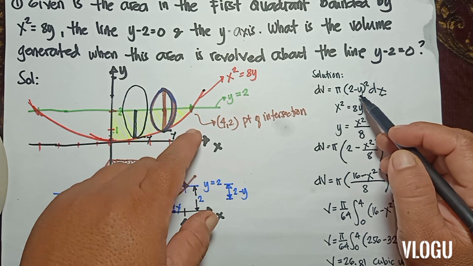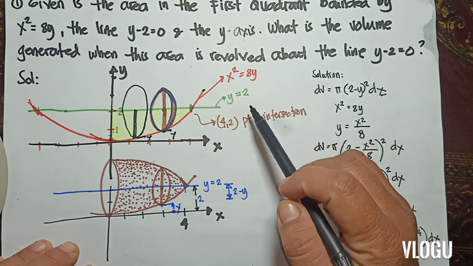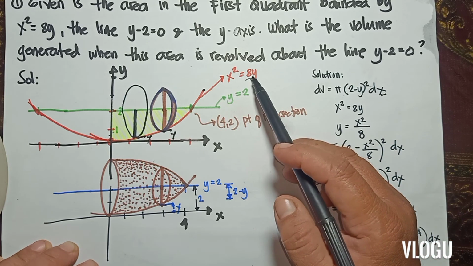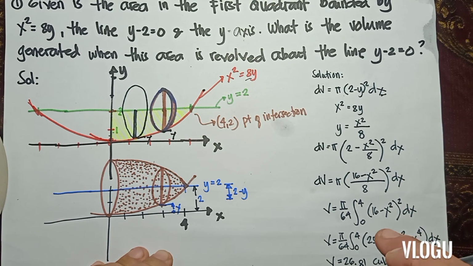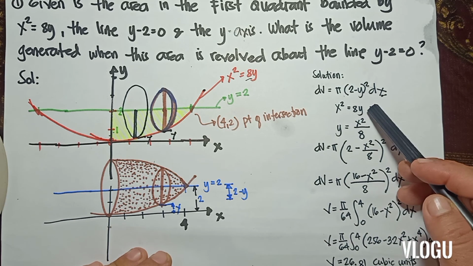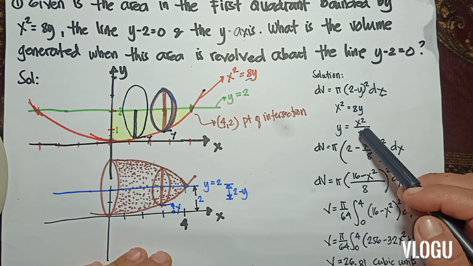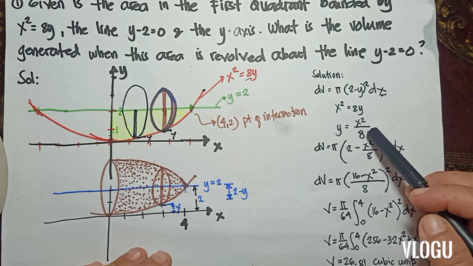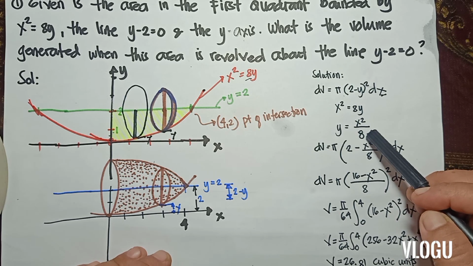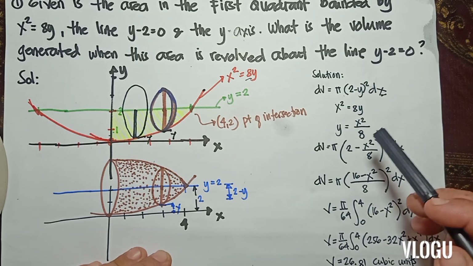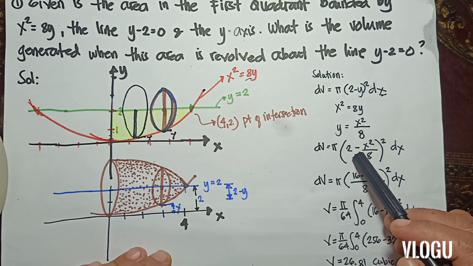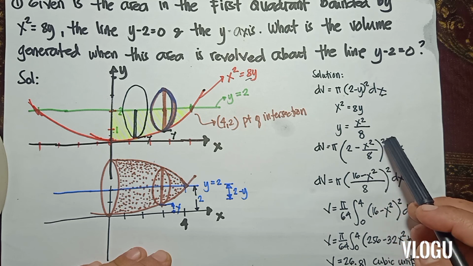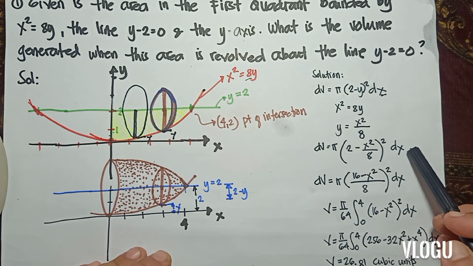So in terms of x, given x squared is equal to 8y, therefore y is equal to x squared over 8. Then substitute that one. So dV is equal to pi times 2 minus x squared over 8, squared, dx.